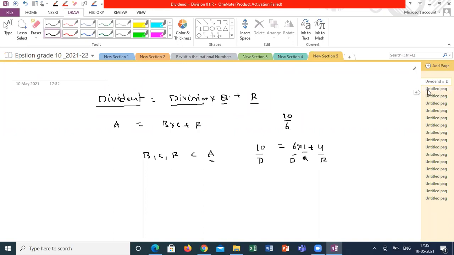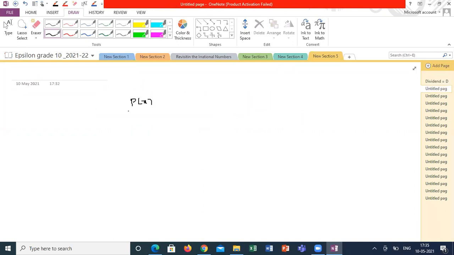Same as if I am taking a polynomial P of x by Q of x, what is the minimum condition to divide these polynomials? Can any equation be divided with any other equation?